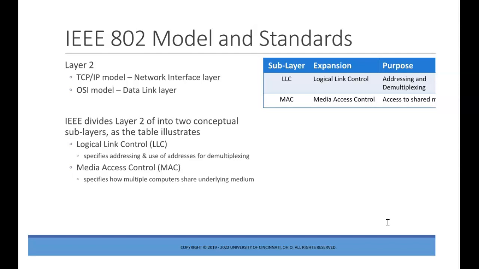The media access control sublayer, the MAC layer, specifies how multiple computers share the underlying medium. It is a logical division where the LLC talks with the layer 3 protocols while the MAC talks with the layer 1 protocols. It's kind of in between layers 1 and layer 3.